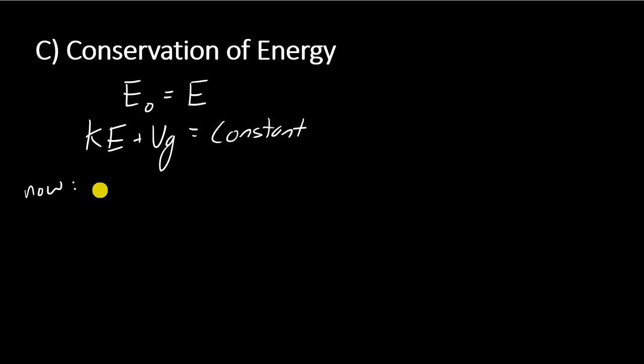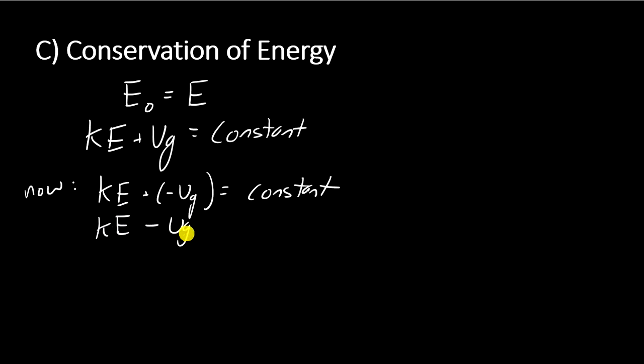The process is still the same, but it's KE plus this negative UG. That equals a constant. Or, rewrite it one last time, KE minus UG equals a constant. So that negative is in there based on this conventional reference frame, okay?